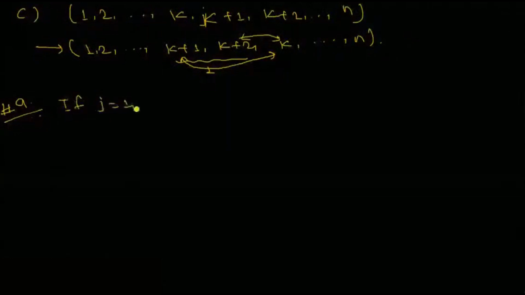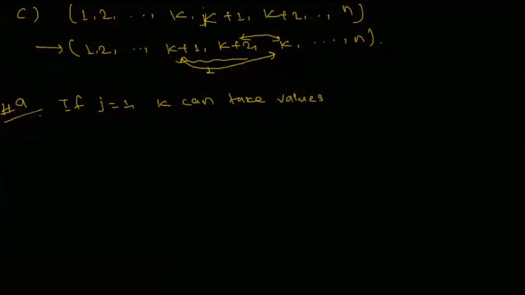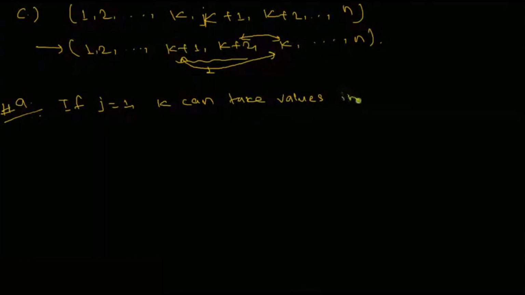If j is equal to 1, k can take values in n minus 3 ways, right?